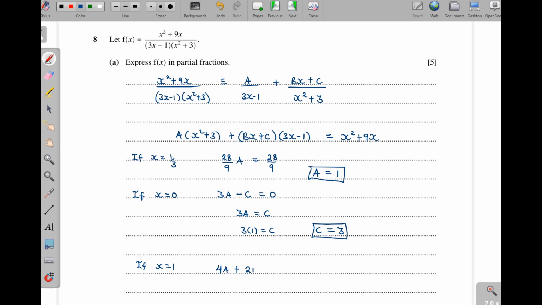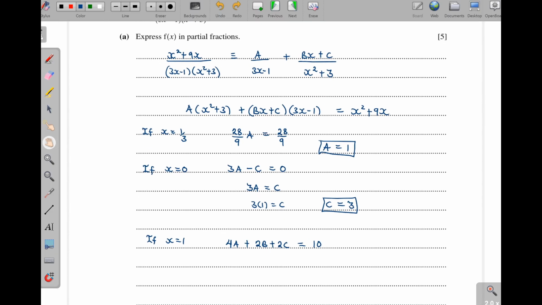So you'll have 2b, then plus 2c. Then this will be equal to, here you get a 10, 1 plus the 9. Not so? So we got a and c. We shall have a 4 here times 1, then plus 2b, and then plus 2 times c, which is 3. Then this is equal to 10.